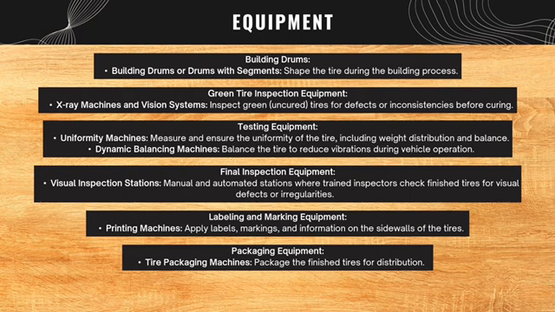Number 8, green tire inspection equipment. X-ray machines and vision systems inspect green tires for defects or inconsistencies before curing. Number 9, uniformity machine, measures and ensures the uniformity of the tire, including weight distribution and balance.